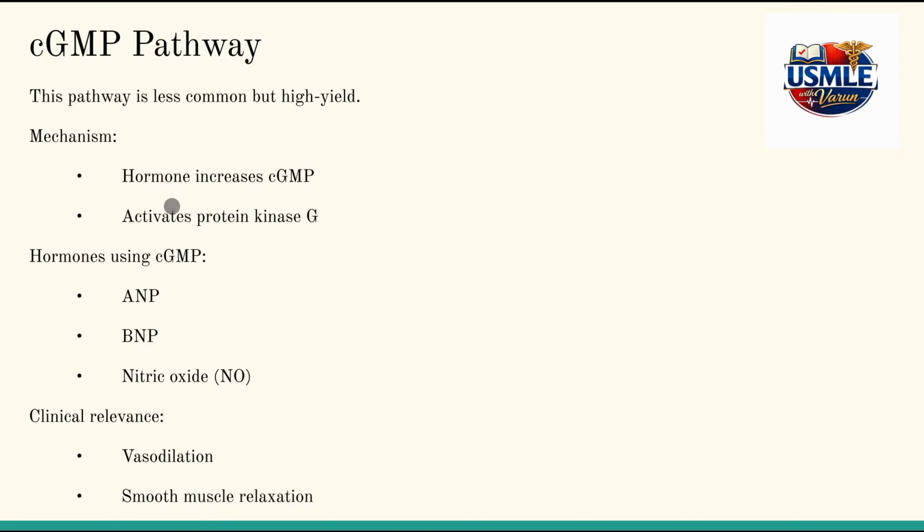The mechanism of action is that the hormone increases cyclic GMP levels, and this activates protein kinase G. We have discussed protein kinase A and protein kinase C, and now we have protein kinase G, whose activation occurs because of the release of cyclic GMP. The hormones using cyclic GMP include atrial natriuretic peptide, brain natriuretic peptide, and nitric oxide, which can cause vasodilation and smooth muscle relaxation.